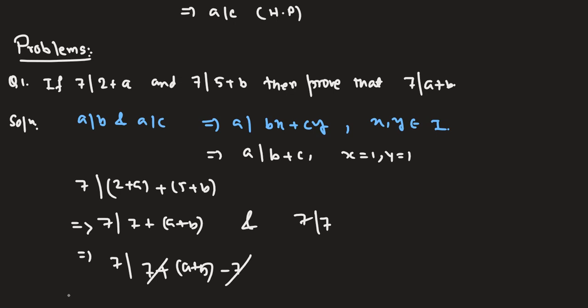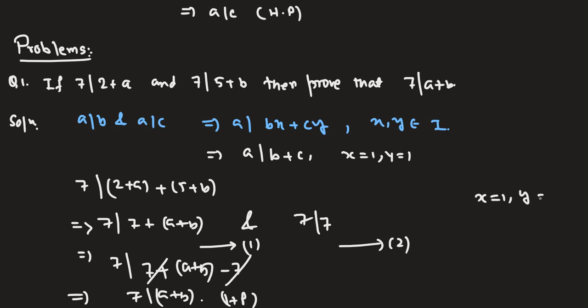So these two cancel out, and it implies 7 divides a plus b. So hence proved. Since 7 divides 7 plus a plus b and 7 divides 7, therefore 7 divides their difference also. In this property we are taking x is 1 and y is minus 1, so we get a divides b minus c. Okay, so this property we can use in a different way.